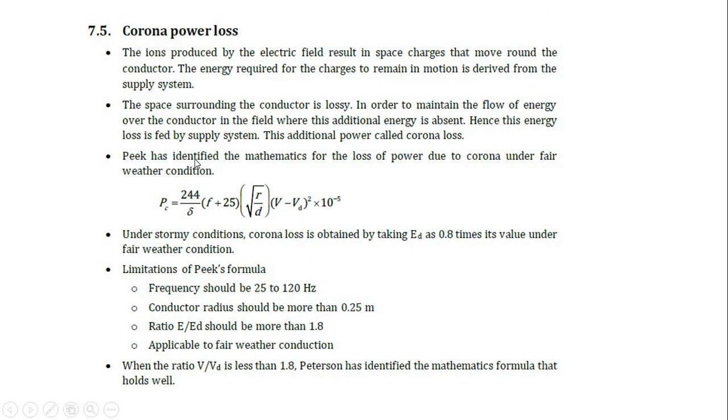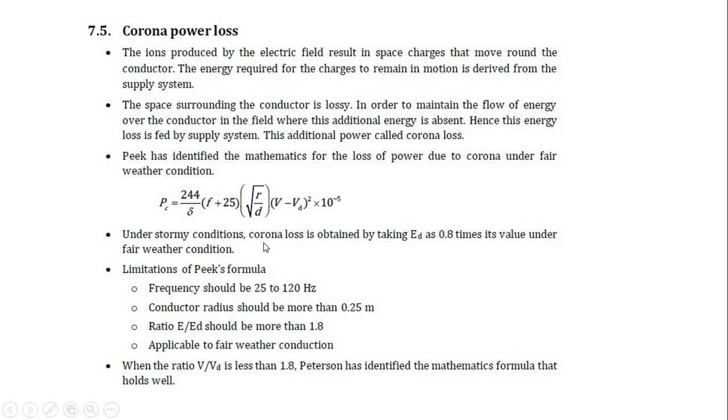Peek has identified a formula for the loss of power due to corona under fair weather conditions, and this equation is Pc, the power loss due to corona, is equal to 244 upon delta (f plus 25) under root R by D (V minus Vd) square into 10 raised to minus 5, and its unit is kilowatt per kilometer per phase.